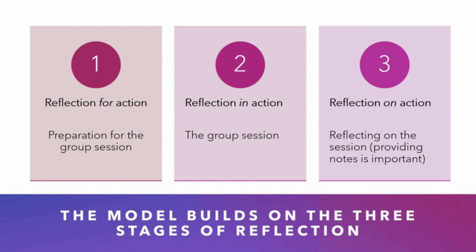So we know that to have really effective reflective practice, what we need to do is reflect before, during and after. So the phrases that are often used: reflection for action, in action and on action. So we're going to talk you through a reflective connections session using those 3 stages: reflection for the session, in the session and on the session.